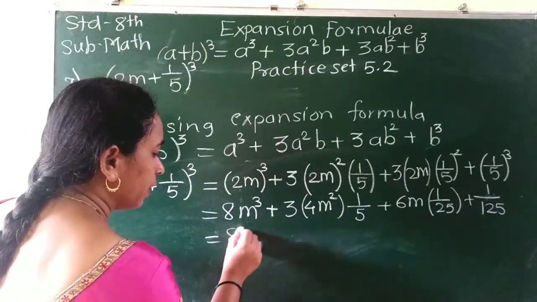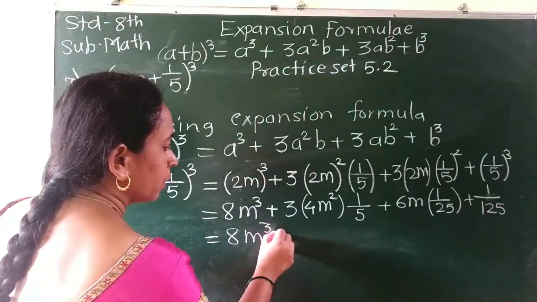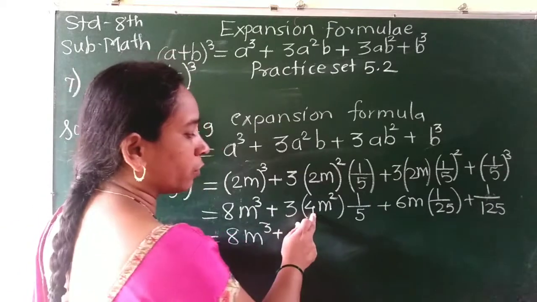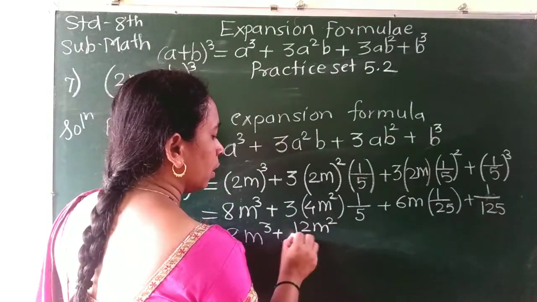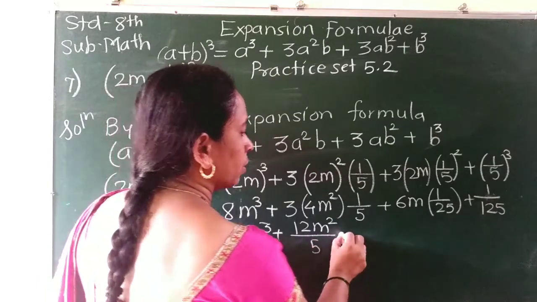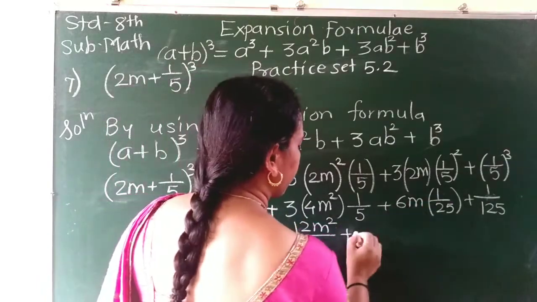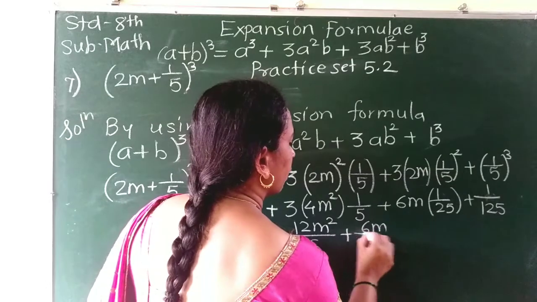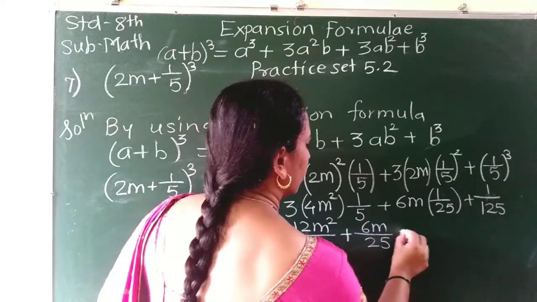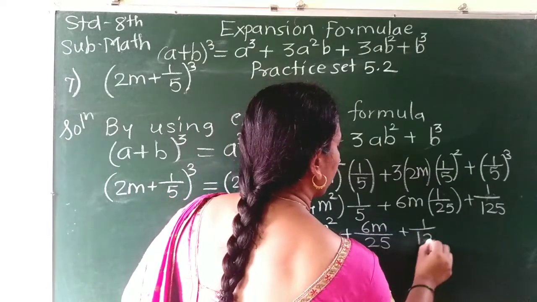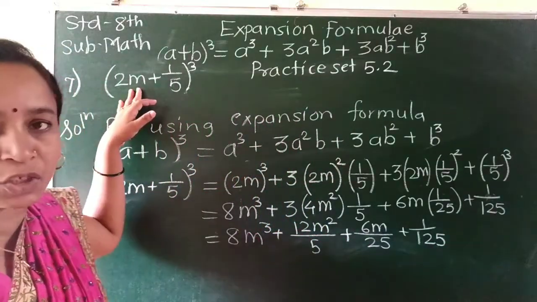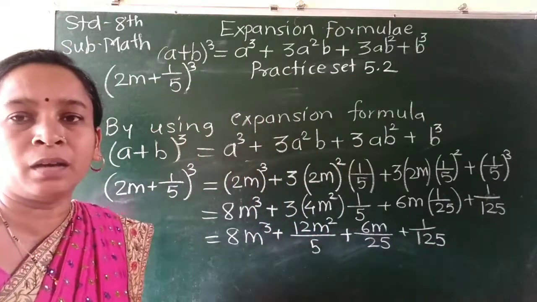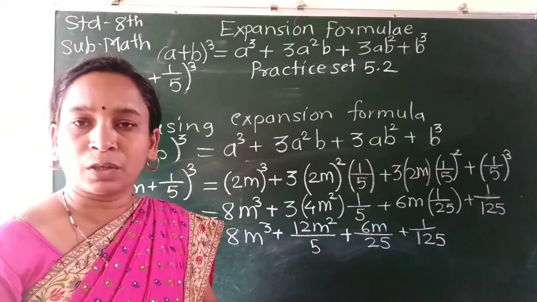So here I will get 8m cube plus 4 3s are 12, m square will be at the numerator upon 5, plus 6m 1s are 6m upon 25, plus 1 upon 125. So this is the solution of our expansion of (2m + 1/5) bracket cube.